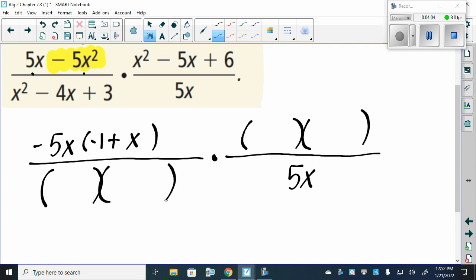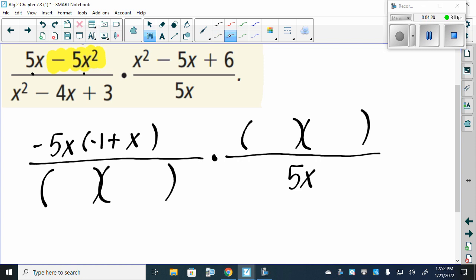Now that leaves us with the other two to factor. We can factor either one of these first. It really doesn't matter which. Now, if we factor the x squared minus 4x plus 3 first, we need to find the signs.